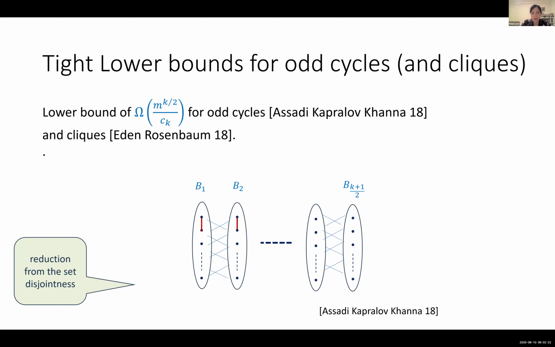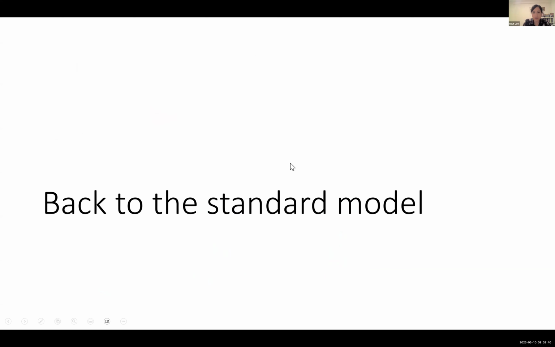Both lower bounds reduce from the problem of set disjointness. Okay, so let's go back to the standard model.